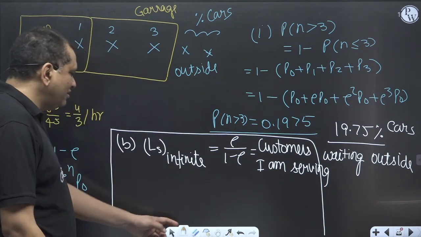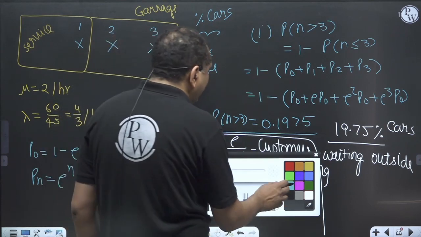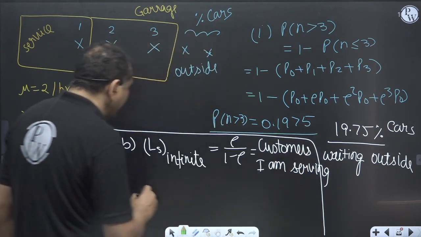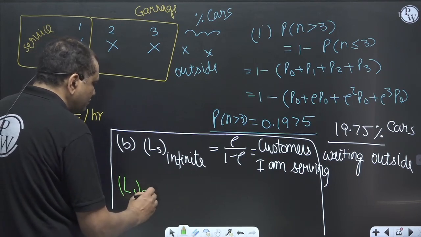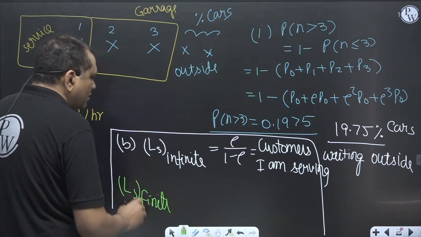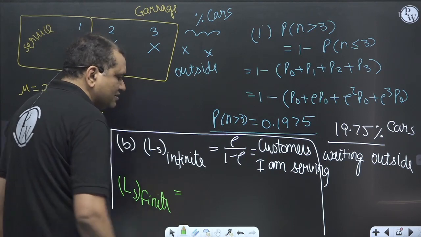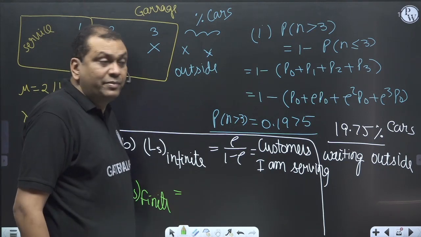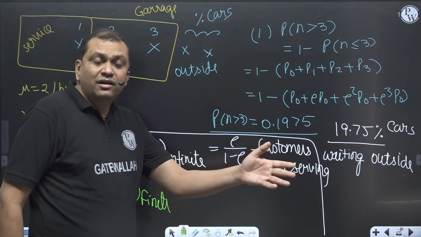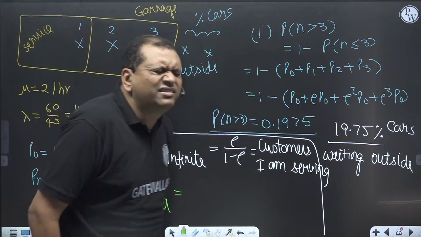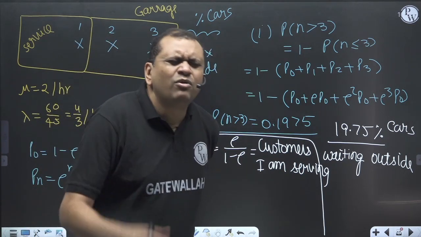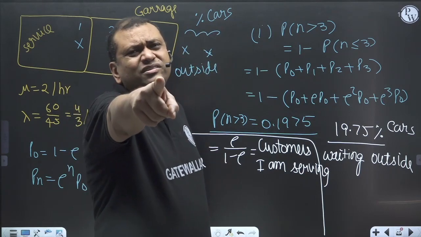But now let us say there is a finite length. So how much will be that LS? Because there is a restriction in the queue length. More than 3 people, they have to go out. If there are 3 customers in the system, the 4th one has to move out.